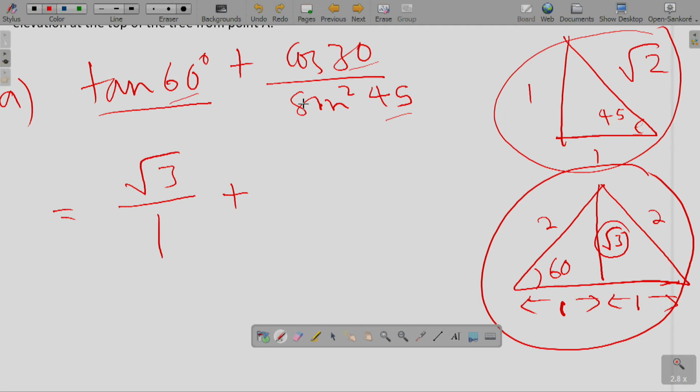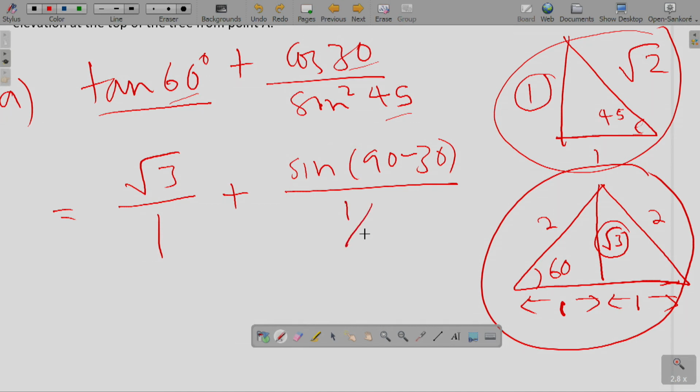Cos of 30 is equal to sine of 90 minus 30, and here we have sine square of 45. So sine of 45 is equal to opposite over hypotenuse. So here we get 1 over square root of 2, but squared, because here sine square of 45.